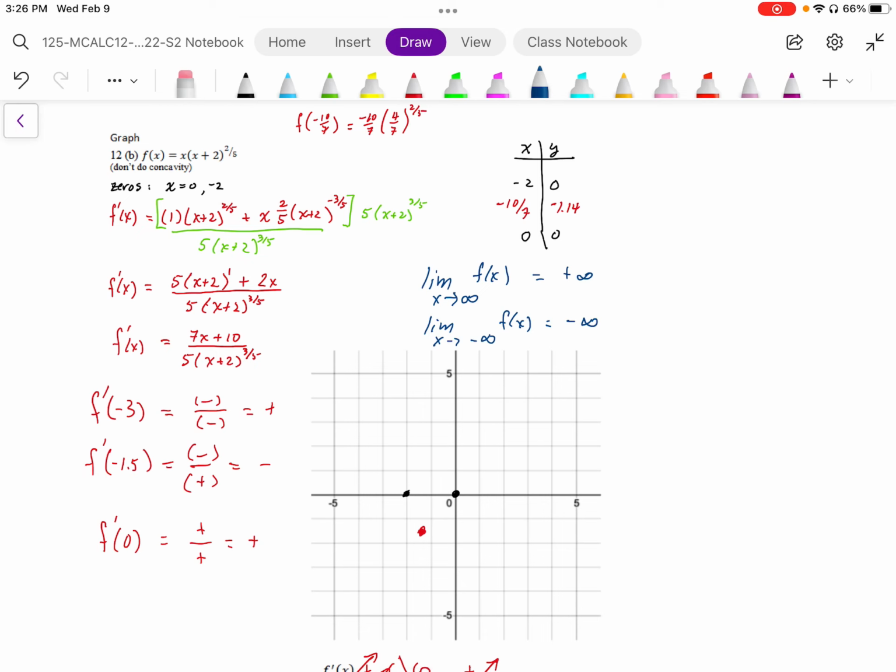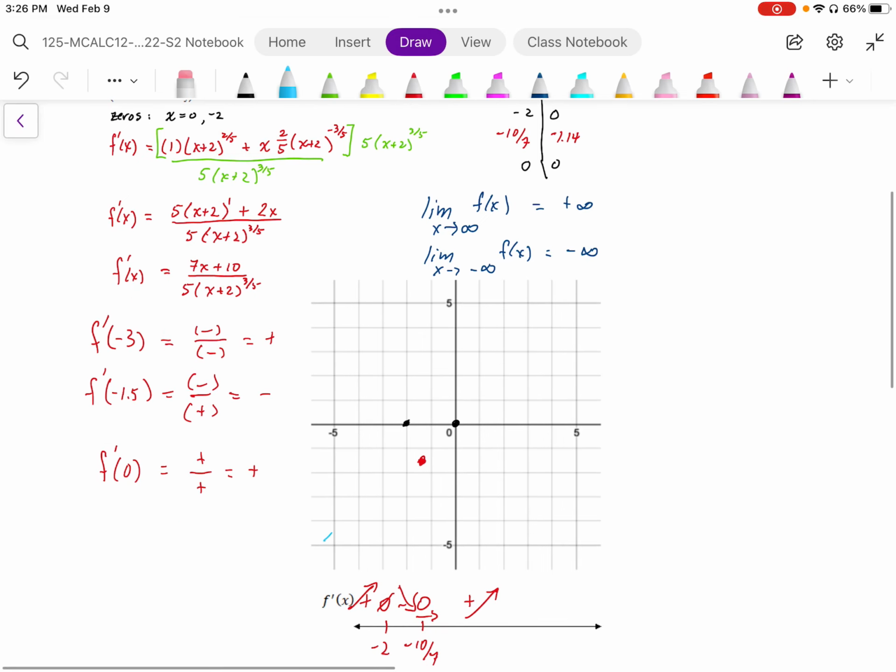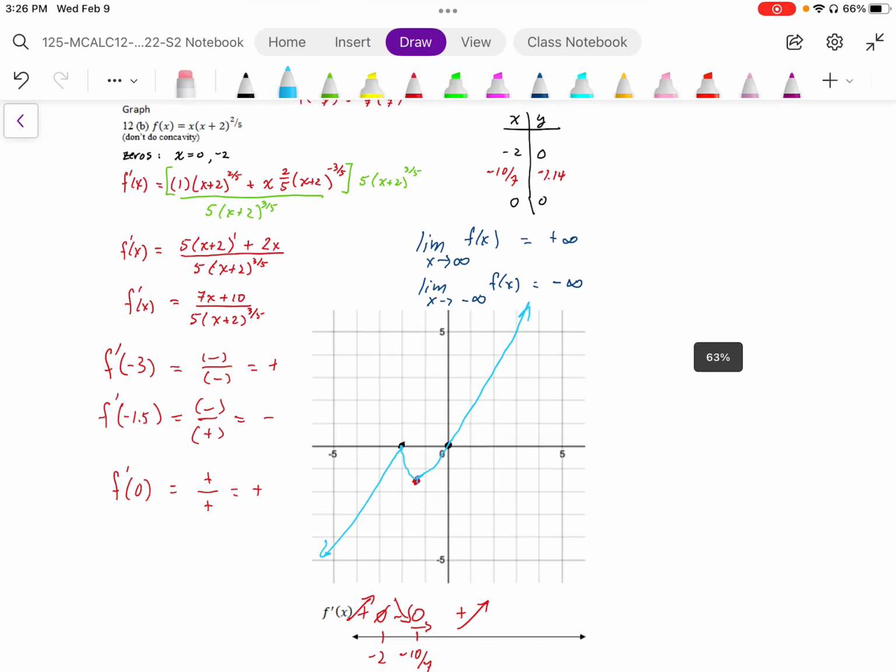So then sketching in the graph, it should give me a positive slope to here. I don't know the concavity, but it's going to be concave up because that's a minimum point. It's going to go through the 0, and it's just going to keep on going up. I don't know if there's a change in concavity here or not, but we're not being asked to find that.